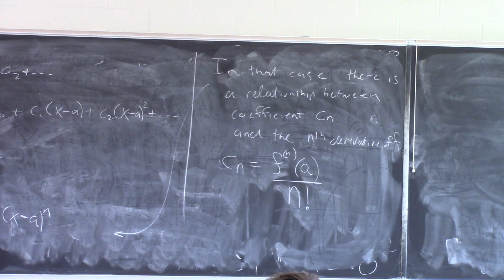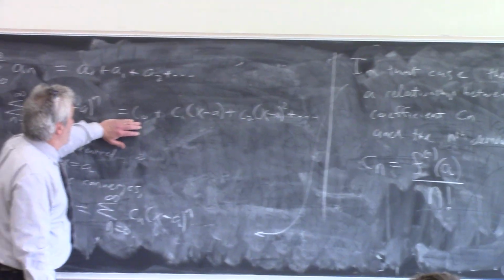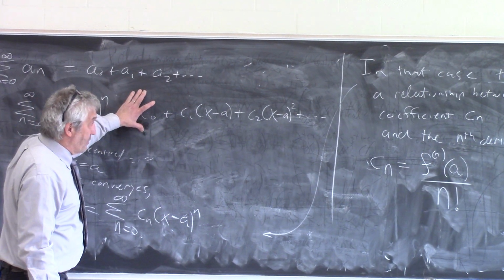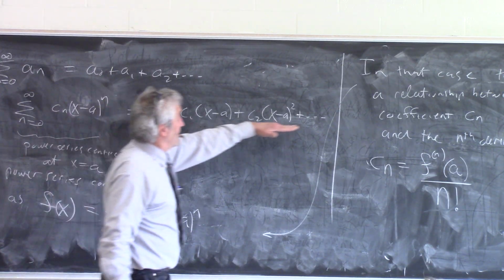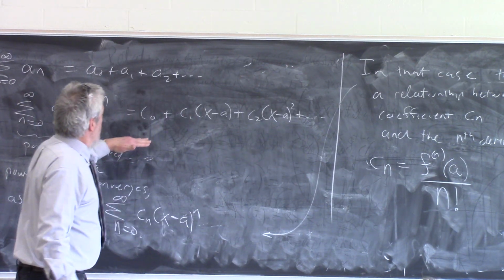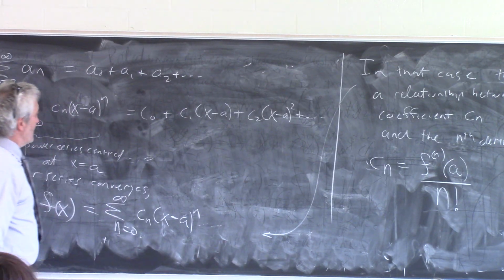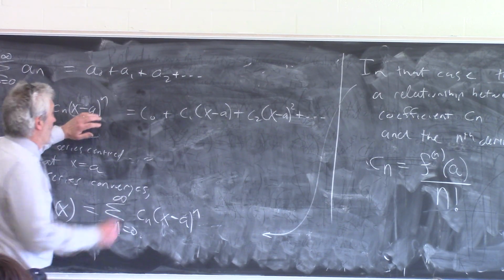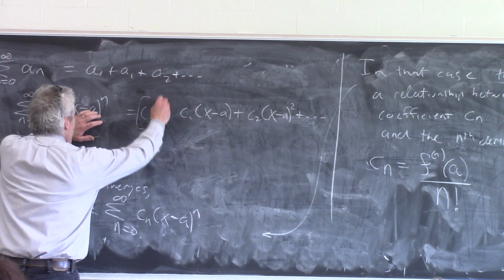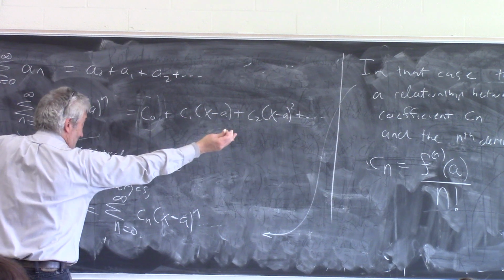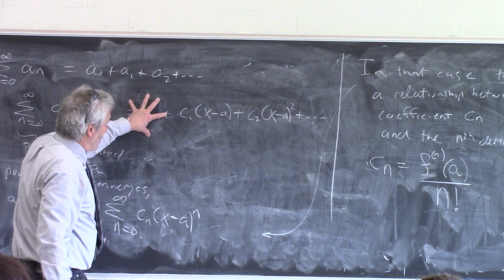That comes from just looking at, for instance, what if we don't take a derivative at all? So the 0th derivative of this series would be this series, and you plug in x equals a, all these terms get killed. And so when I look at the 0th derivative of this thing at x equals a, what ends up dropping out is that coefficient. If I take the first derivative of this thing, then that gets killed.